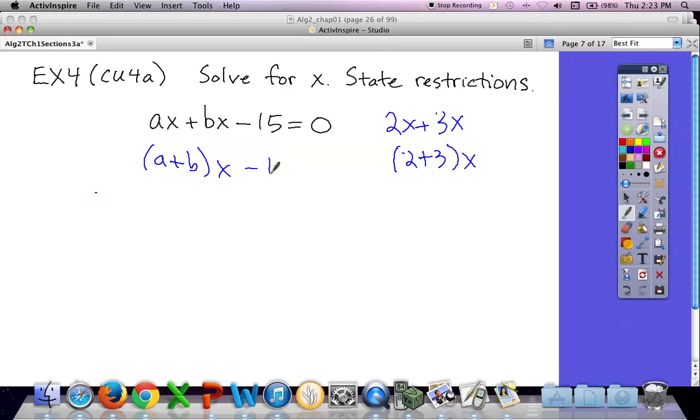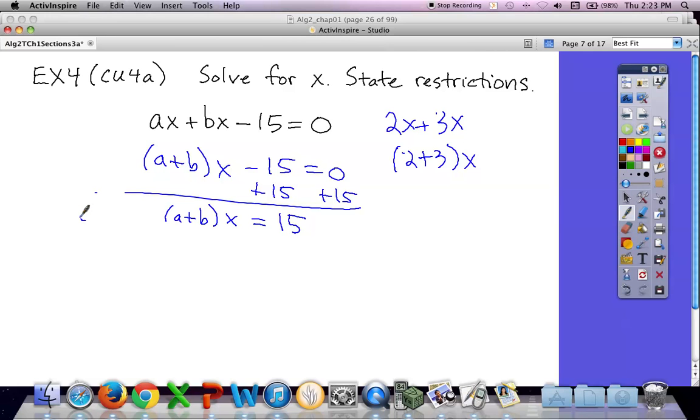Minus 15 equals 0. Okay, now we need to isolate the X. Add 15. So now we have A plus B times X equals positive 15. And we have to isolate the X. Divide by A plus B, right?